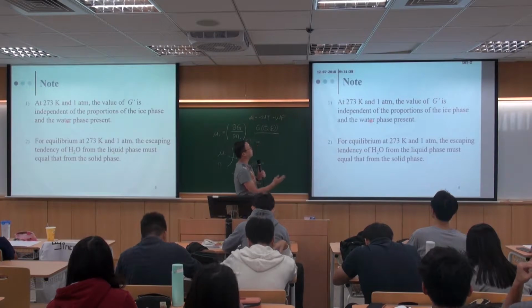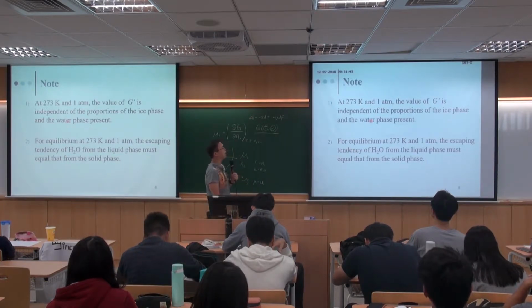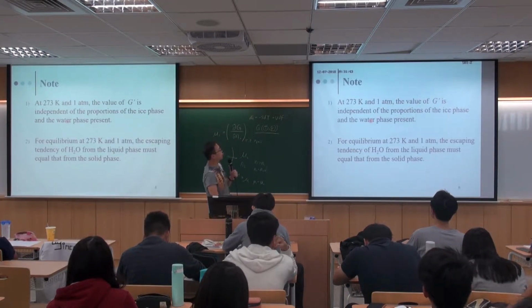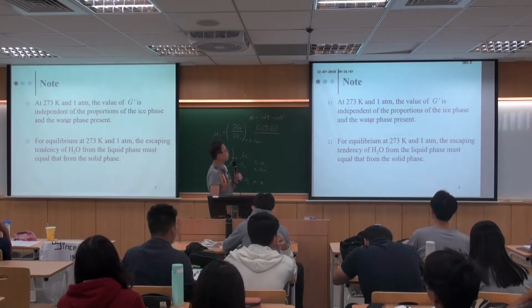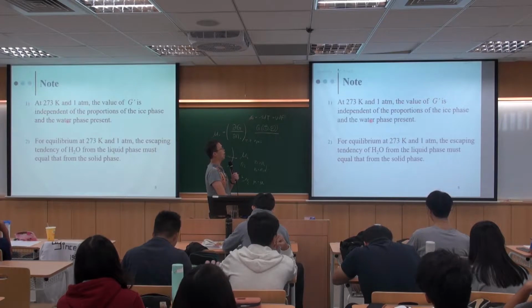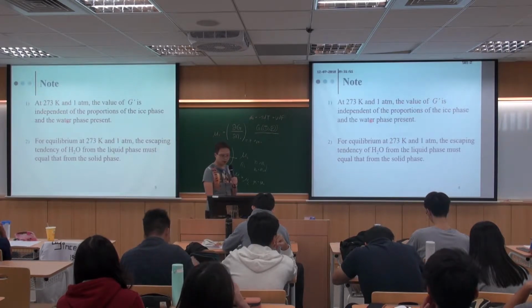So at 0 degrees Celsius and normal pressure, the value of G prime, this total Gibbs free energy, should be independent of the proportion of ice phase and water phase present.